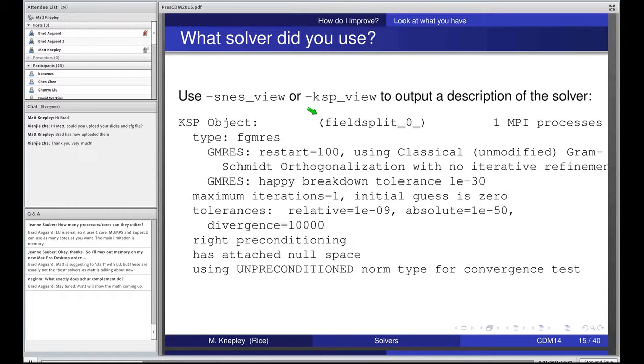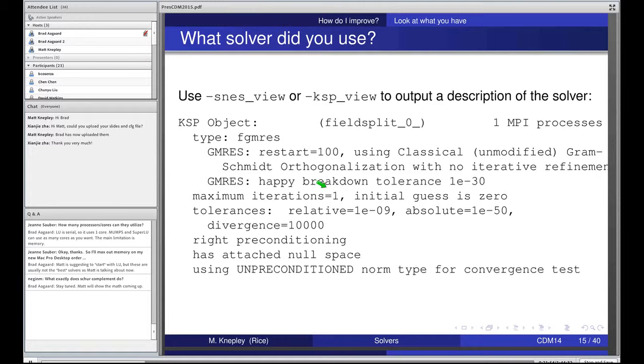So let me give you an example. Here it says that it had a maximum number of iterations of 1, which is very small. And you might want to use something like 100 or 1,000. Well, how would I do that? Well, I would give the option --PETSC.fieldsplit_0_ksp_max_it=100.